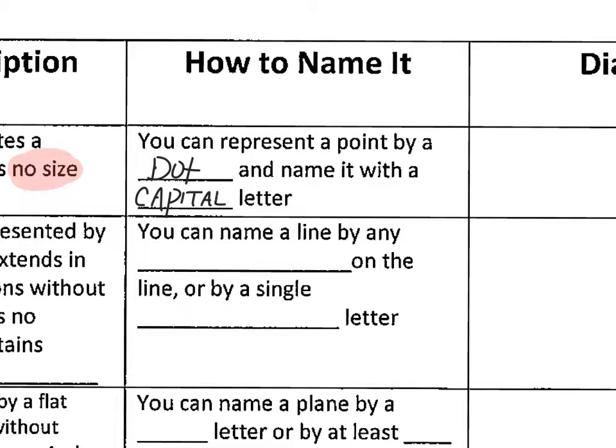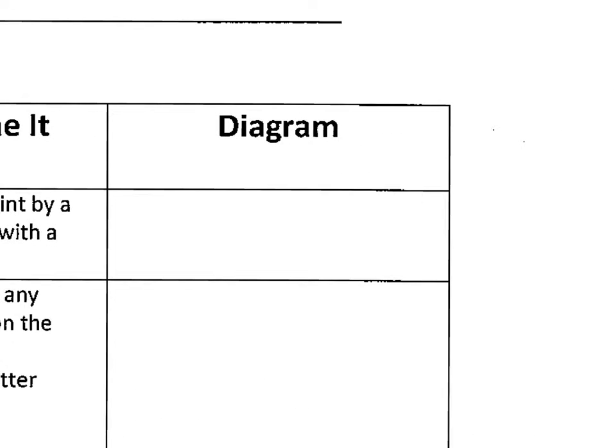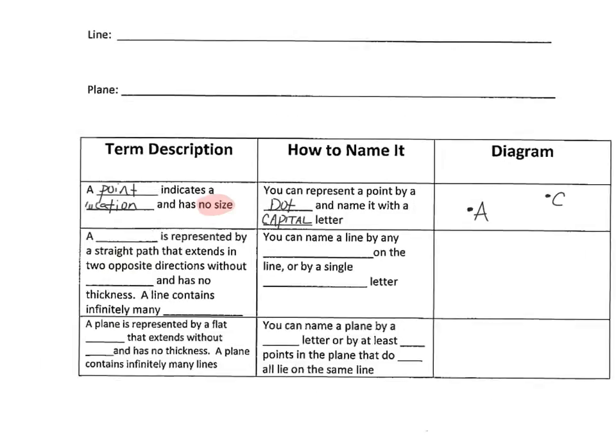For example, if I want to talk about point A, it's very simple. You draw a point and then you label it with a capital letter. That indicates point A. If you want to talk about point C, here's my point and I'm going to give it a capital C. Simple as that.